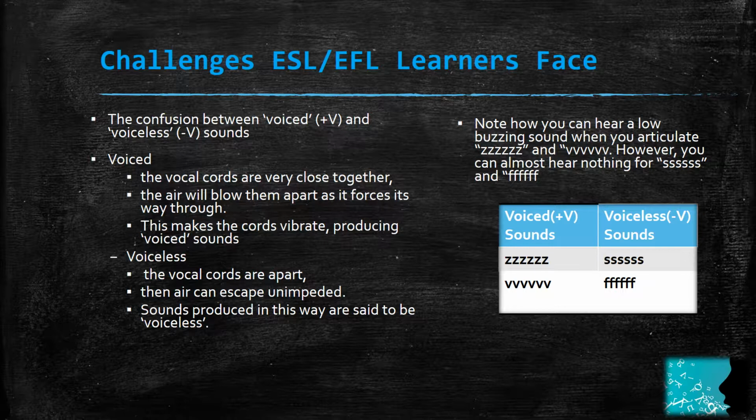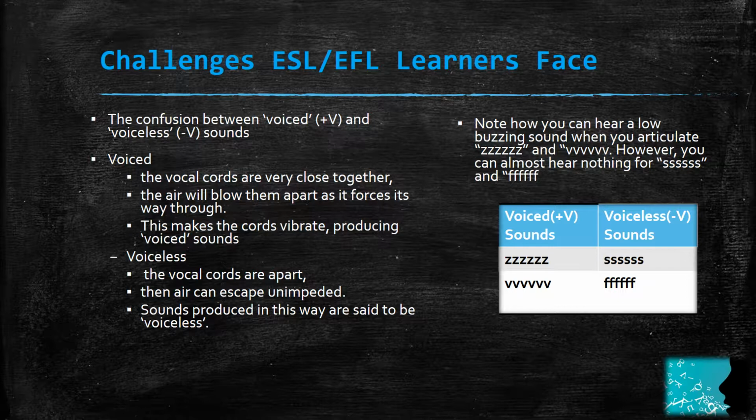Instead of saying S, say F. F. F. F. Now, V instead of Z. V. V. V. Now, when you're saying these, you should be able to feel the vibration of your chords when you say Z, Z, and V. But you won't feel any vibrations when you say S and F.